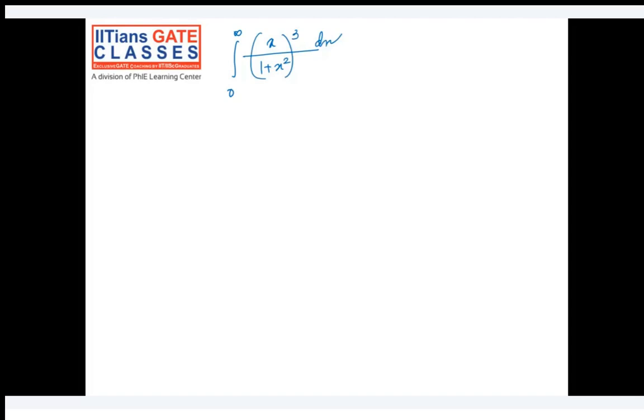The first type of beta function is integration 0 to 1 of x raised to the power m minus 1, (1 minus x) raised to the power n minus 1 dx, right? In this also it is not fitting. Okay.